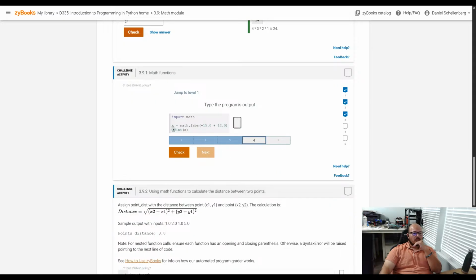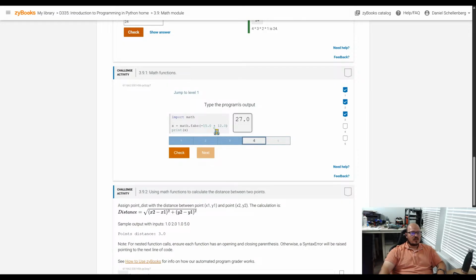Next. Okay. Fabs, the absolute value plus 12. So is it saying 15 plus 12, which is 27.0, right?